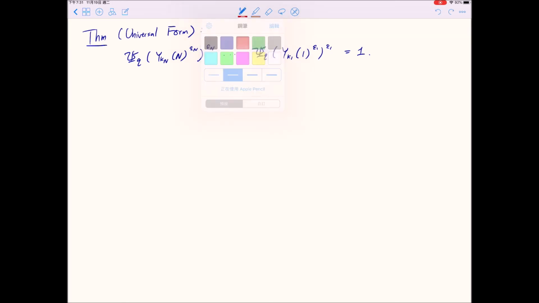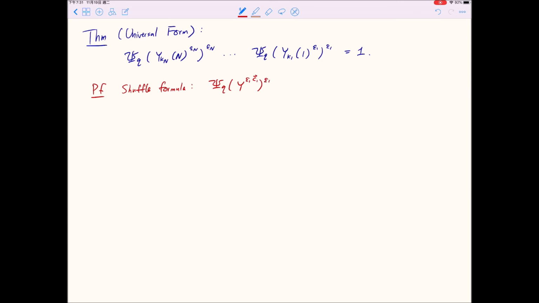And the proof basically follows from the shuffle formula, that if you have the following expression, so this is the expression on the left hand side of the tropical form, then one shows that this is the same as this by induction.